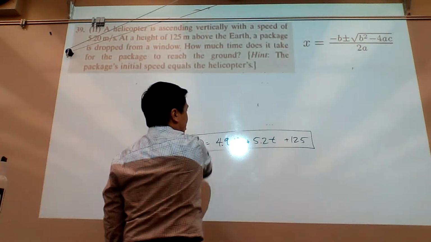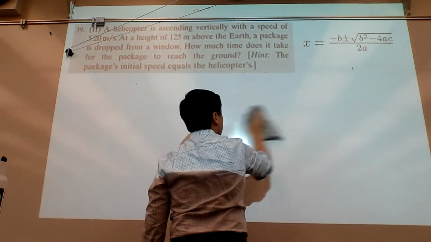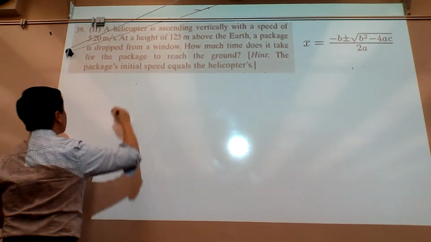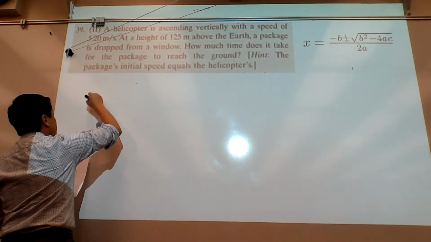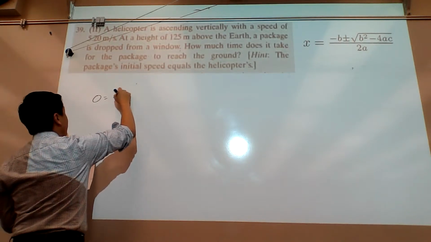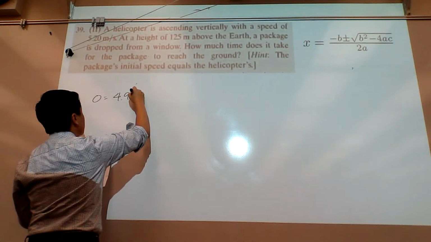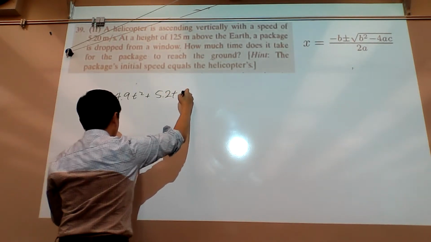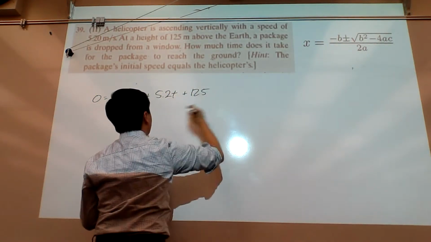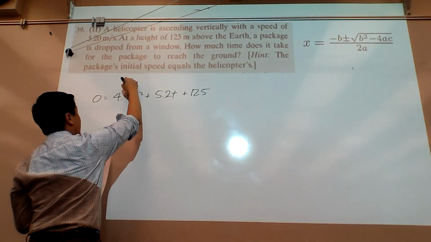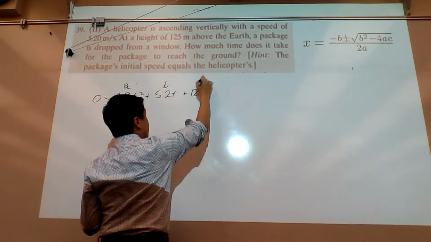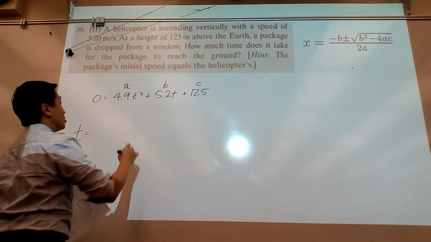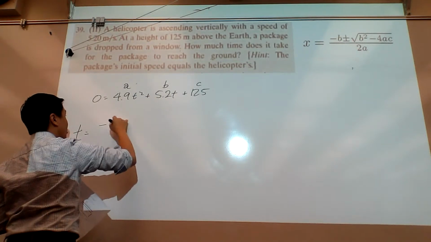Let's rewrite this: 0 is equal to 4.9 t squared plus 5.2 t plus 125. This is A, this is B, this is C. So t is equal to negative b, which is 5.2.